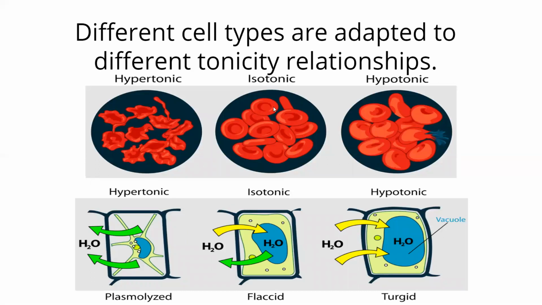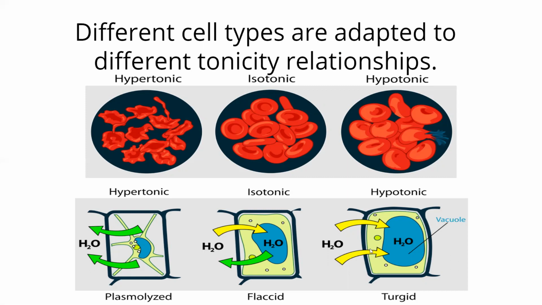If it's an isotonic environment like saline or Gatorade, then the water is just going to go same amount in, same amount out. That's isotonic. And then hypotonic in animal cells is real bad, because if you put your cells into where there's too much water, like pure water, the water is going to rush into the cells and they're going to burst, like in my horrible experiment.